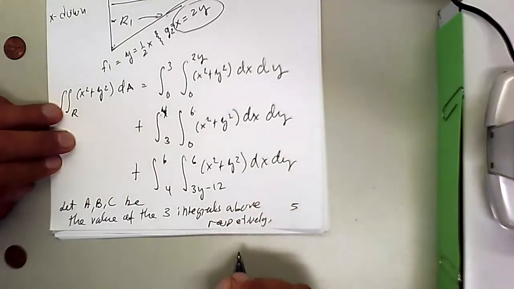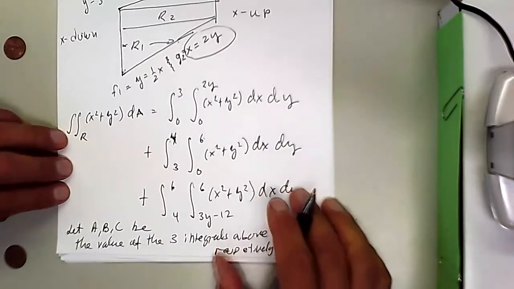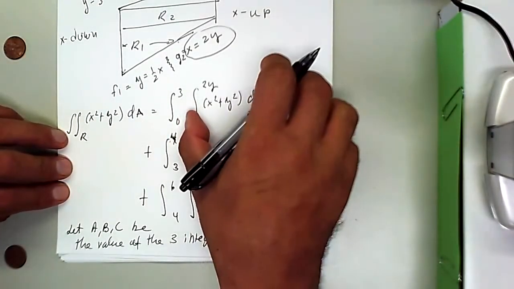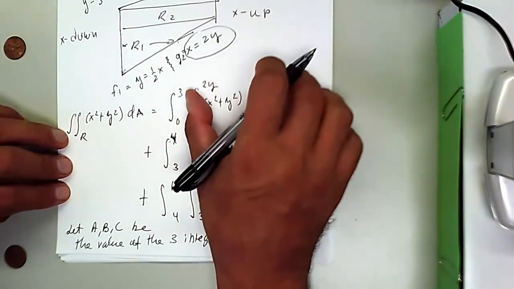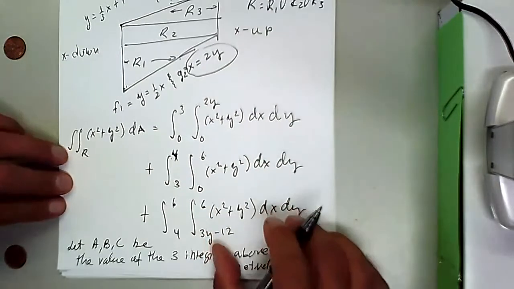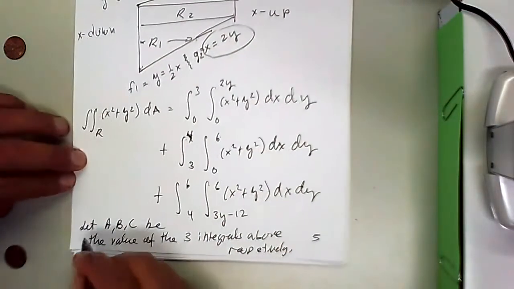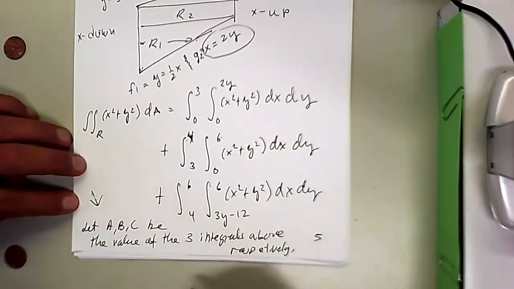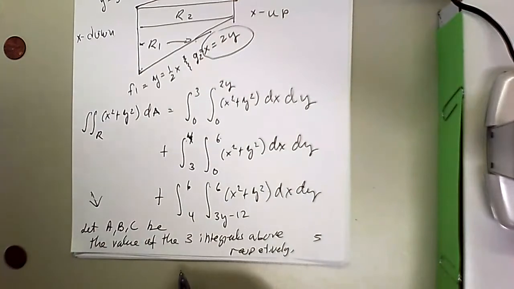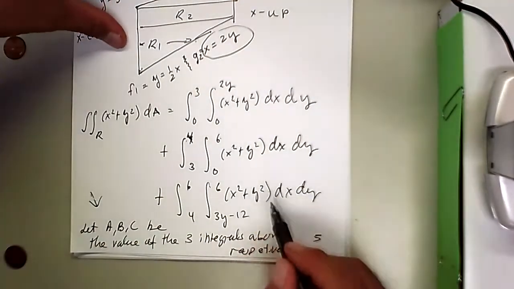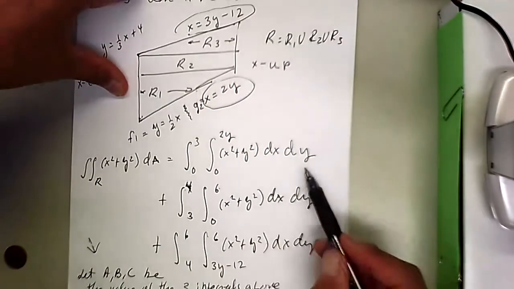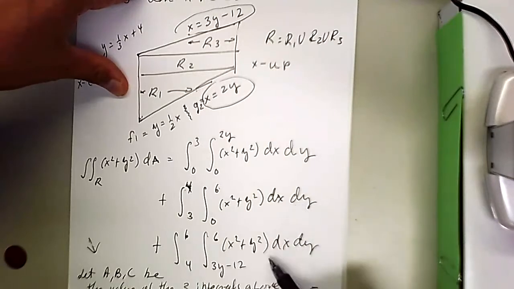If you're doing something like this in your work, if you're thinking, okay, I'm going to take this one, do it by itself because this is just so big, I don't want to carry the other two with the computations, that's fine. Make it formal with a statement like this, please. And then you should be okay. So because I said respectively, this one is going to be A, this one is going to be B, this one is going to be C.